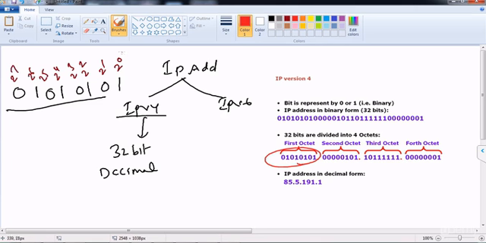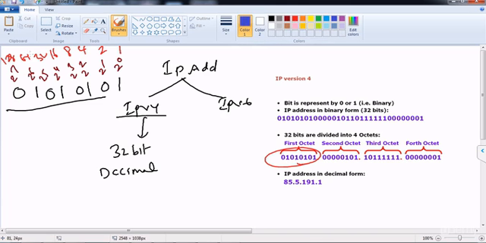Adding these up, 2 power 0 is 1, 2 power 1 is 2, 2 power 2 is 4, 2 power 3 is 8, then 16, 32, 64 and finally 128. Wherever there is a 1 we need to add those values.